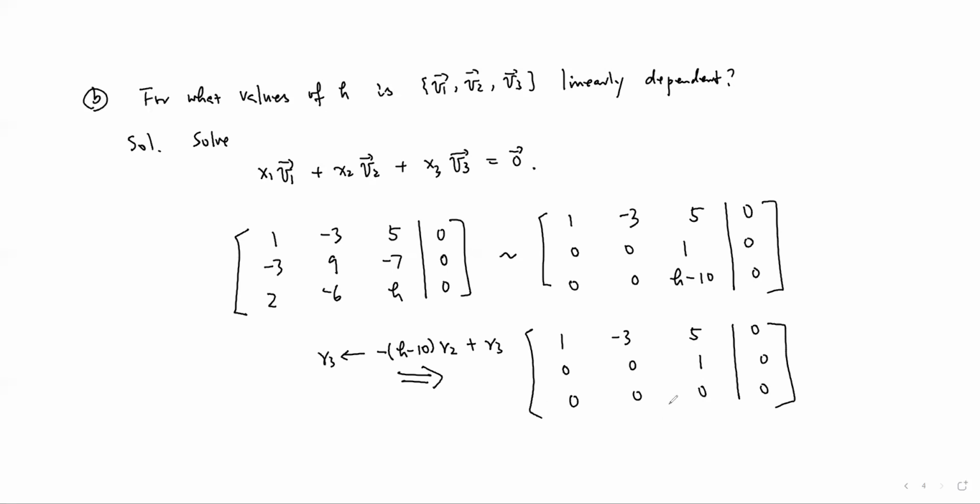It turns out that x2, this unknown, is free, because the second column contains no pivot. Whenever a homogeneous linear system has a free variable, the system has infinitely many solutions. So the conclusion is this vector equation has a non-trivial solution, for any h.